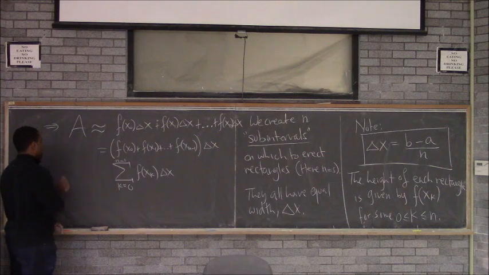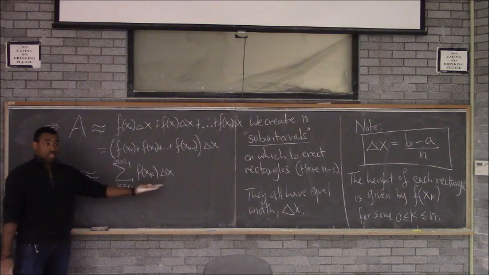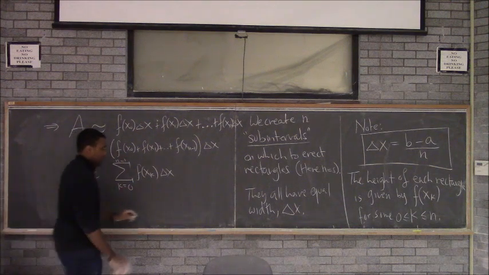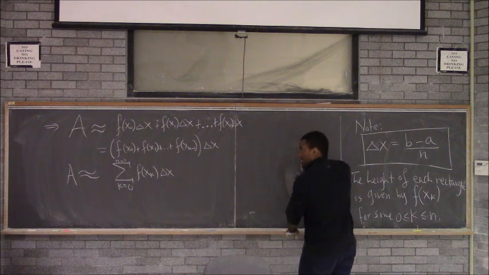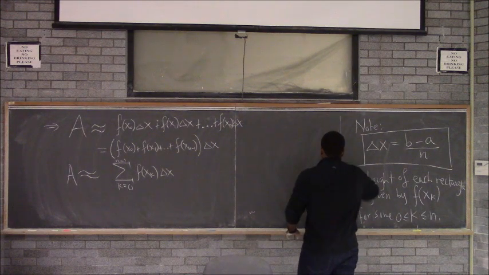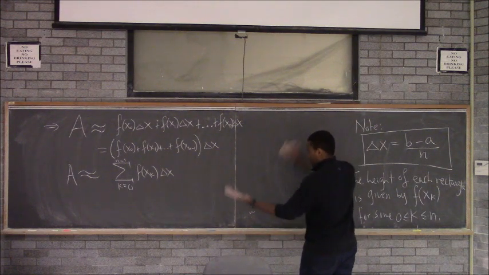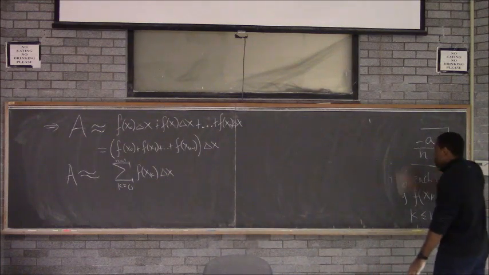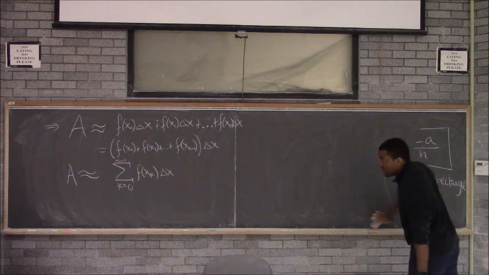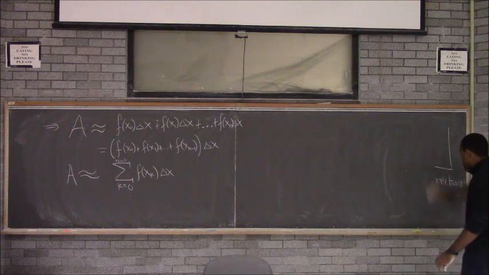So I can say my area is going to be approximately equal to this series. Now, of course, the benefit of thinking of this as a series is that I have a whole bunch of formulas and theories, ones that I just told you about 10 minutes ago, that I can use to my advantage when trying to figure out how to add up all these things.